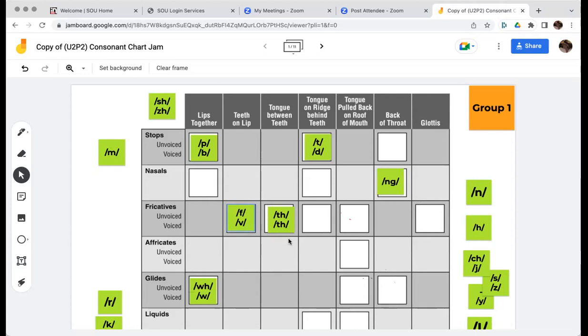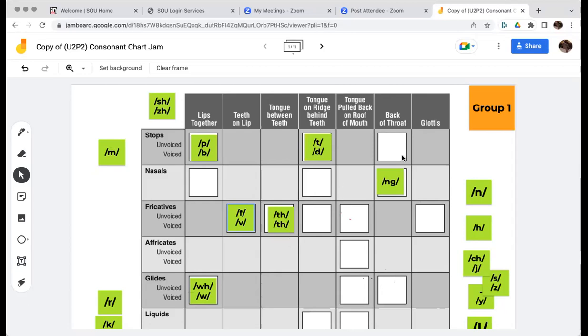First we did P and B, and the second ones we did were K and G. Okay, let's do K and G. What was important with K and G, lips or tongue? It was the tongue. Logan, front of the tongue or back of the tongue? Back of the tongue. And what about the air, Brooklyn? Is it coming in a stream like S or a puff like P? It's a puff. Okay, so it's a stop, isn't it?